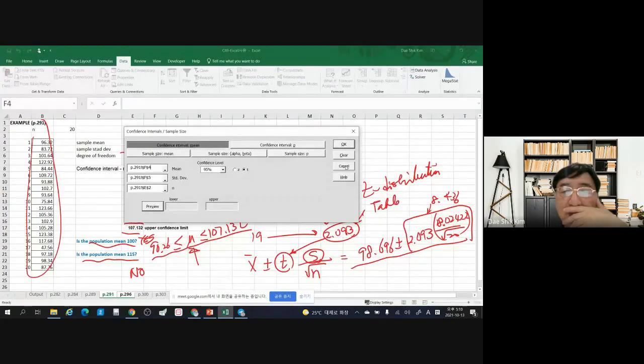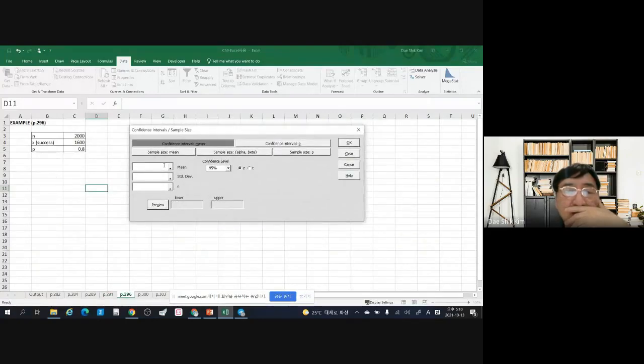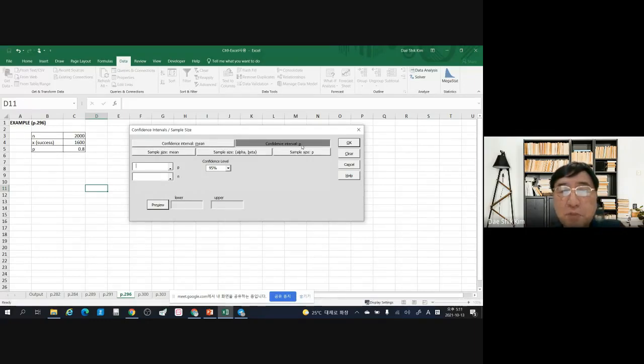In the data mega-stat menu, choose confidence interval, and I will clear it. Here there are confidence interval for mean and confidence interval for proportion p. We need to choose the second one, confidence interval for proportion p. P is here, and the sample size is here.